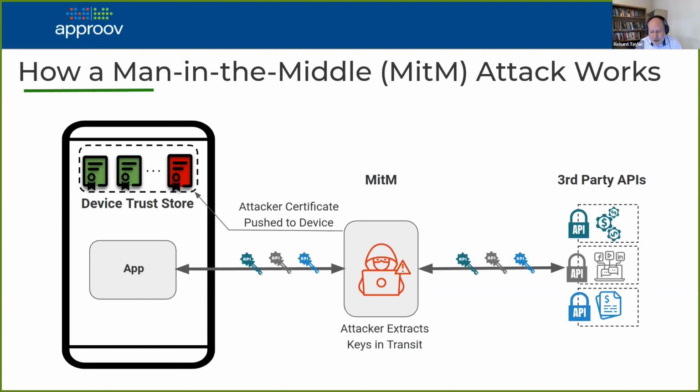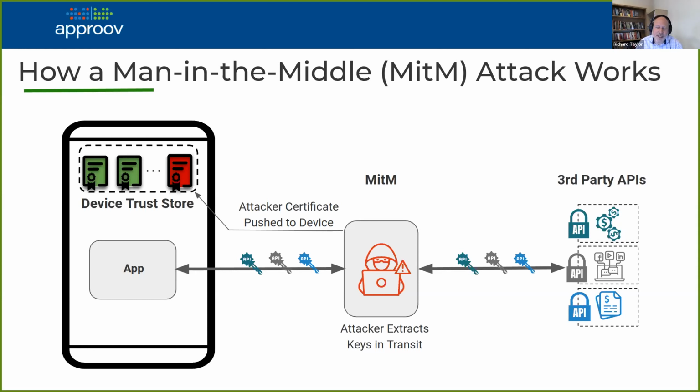And once the communication is established, then it's over TLS and it's not possible to decrypt that traffic. However, what you can do with one of these proxy tools is basically insert yourself between the app and the backend API. And the way that becomes trusted is that if the device is rooted or jailbroken, then you can push a self-signed certificate from the proxy tool into the device, and then it becomes trusted like anything else.